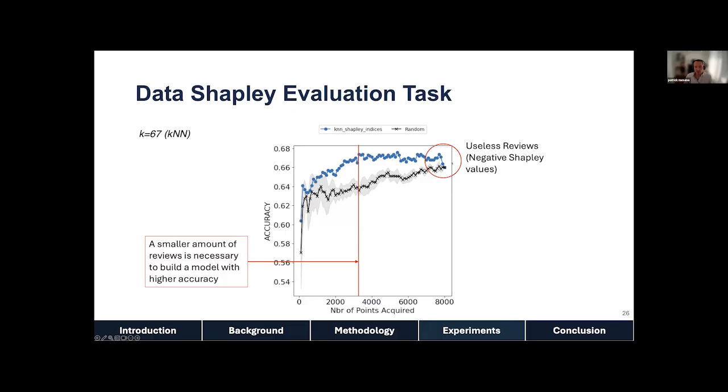Also, you can detect the points that, if you remove them, you actually get a better result. Those are the points that really decrease your utility, and that's why we get a better utility with Shapley evaluation than by just acquiring the whole data set. So that's just a reproduction of the same experiments that we find in the data Shapley values paper, but for this task of predicting review helpfulness.